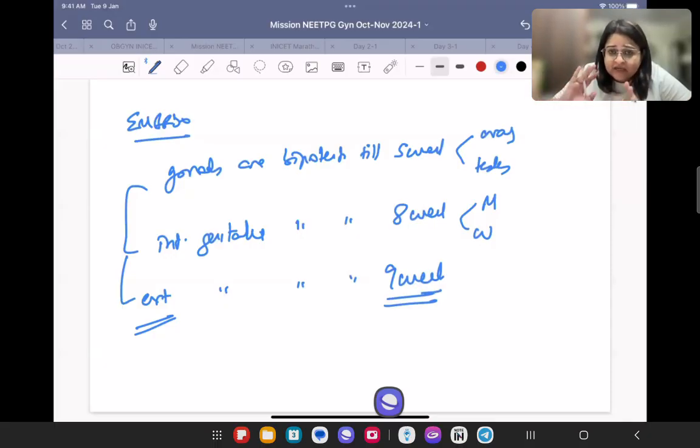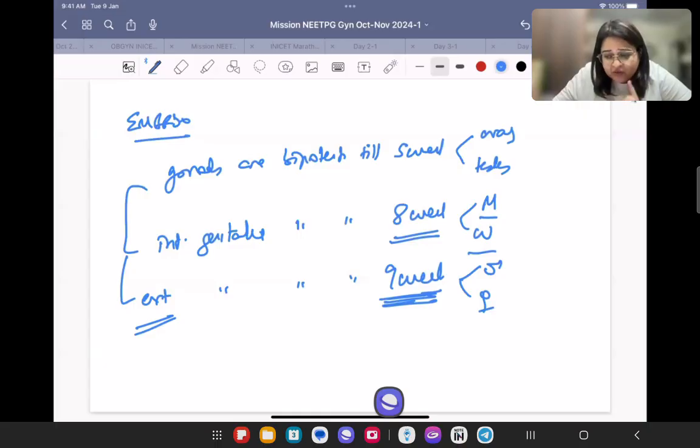So remember, gonads are bipotent till 5 weeks. Internal genitalia, that means both Mullerian and Wolffian duct coexist, till 8 weeks, and external genitalia is bipotent, that means it can go either way, till 9 weeks. At 9 weeks it gets decided whether it's going to be male or remain female.